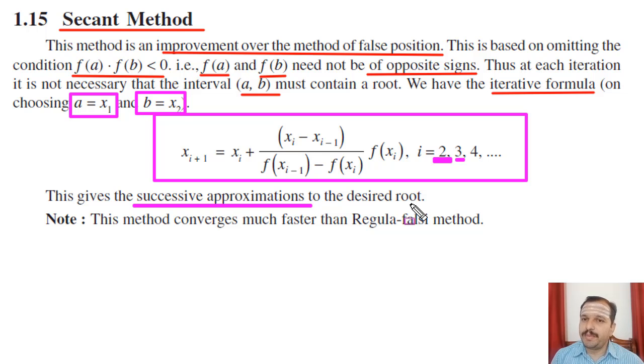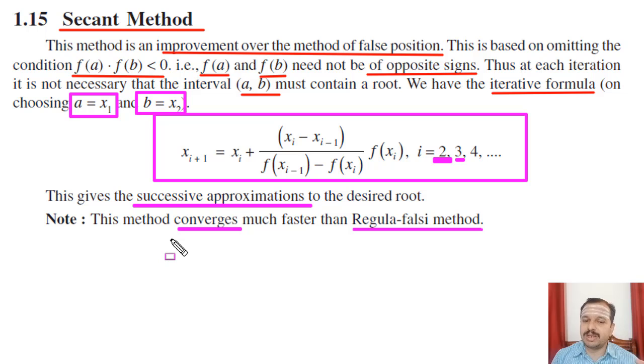One more important note is that this method converges much faster than the regular false position method. What is meant by the method converging? It means the method gives us the desired solution in a relatively smaller number of iterations.